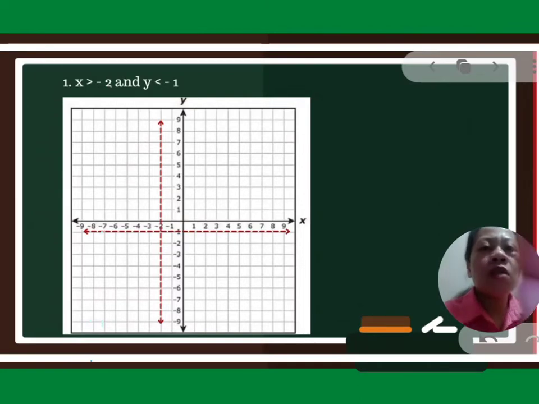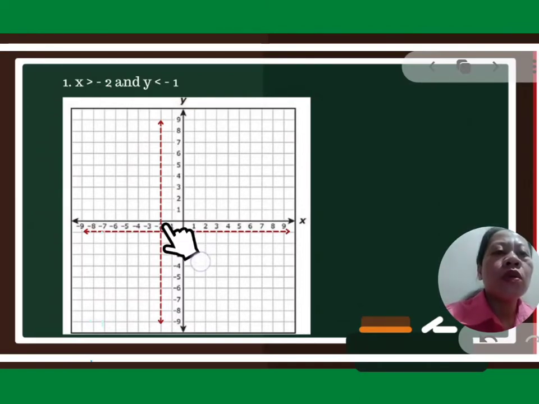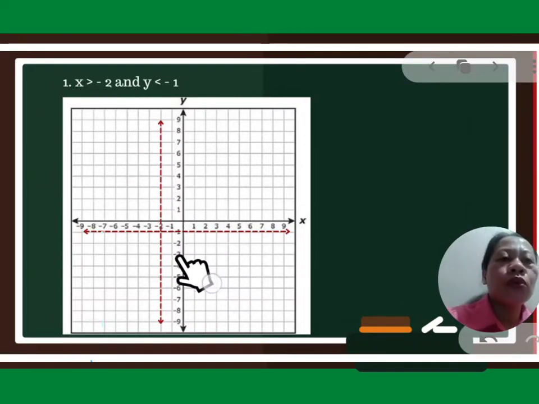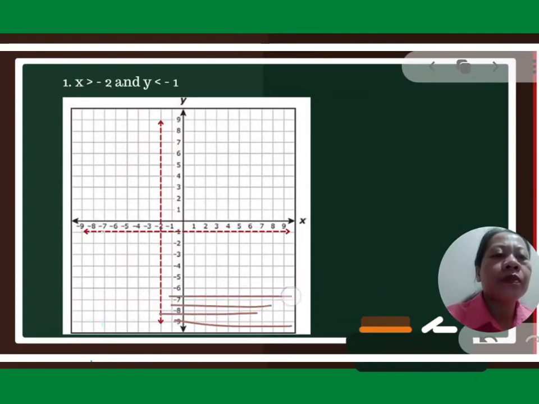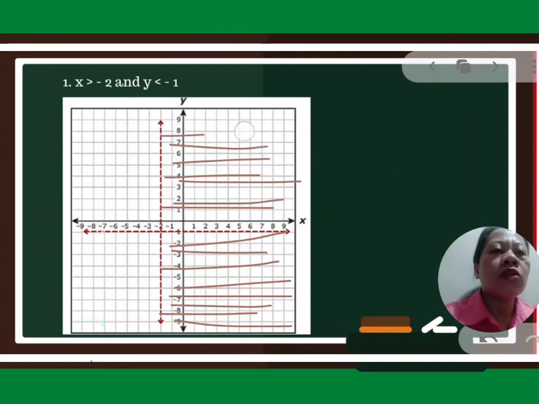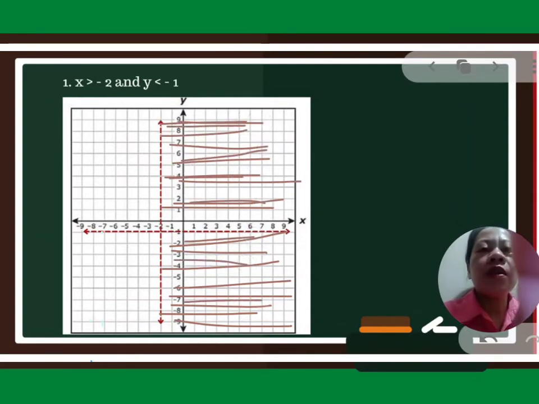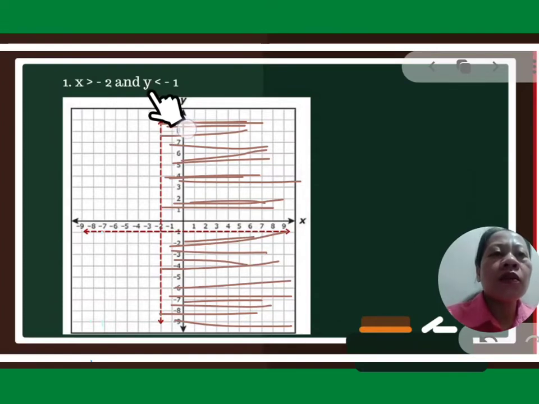So, mula dito sa may negative 2, pataas. Since the x-intercept is greater than negative 2. So, makikita natin yung greater than negative 2 mula dito pa kanan. So, the shaded part here. Okay. So, this is the shaded part to the right of the line. Okay. Now, for the next inequality, this one, y is less than negative 1.